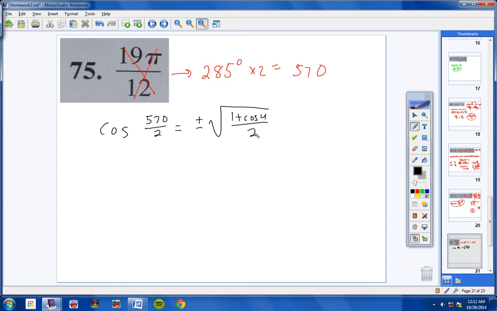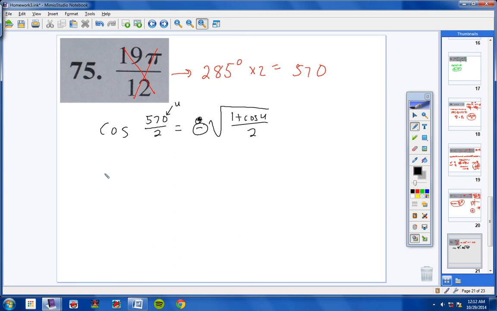Notice we can do this pretty fast because we've done most of the work already, okay? For example, we already know that 570 is my u, and we already know it's in quadrant 3, okay? And cosine in quadrant 3 is negative, so we're going to use the negative sign.